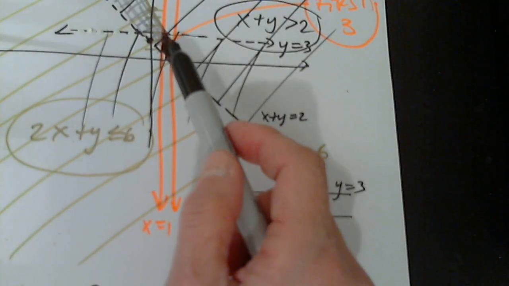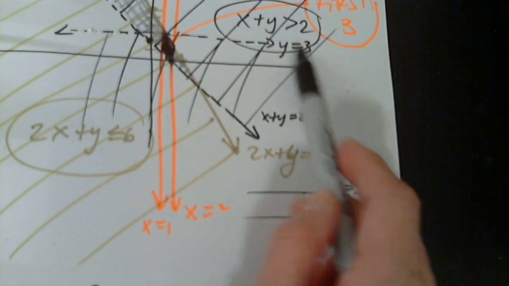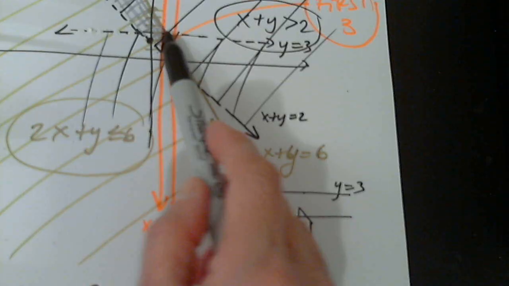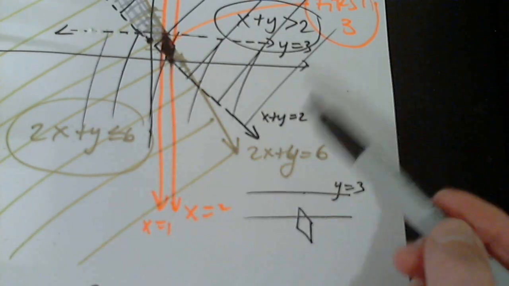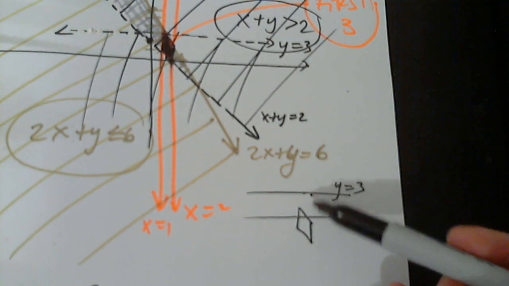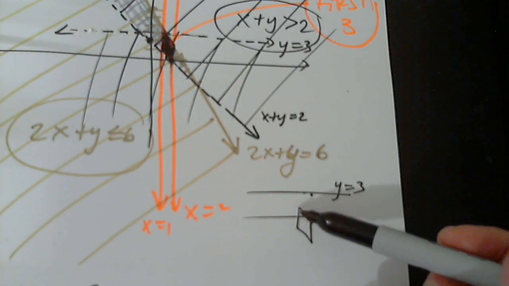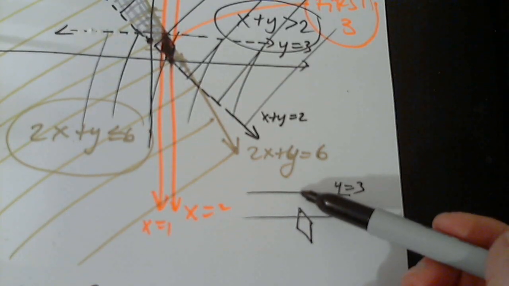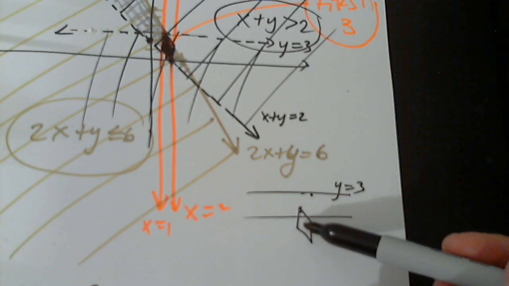I have to check if y equals 3 is at this corner, if it's above or below the corner. So above the corner, at the corner, or below the corner.